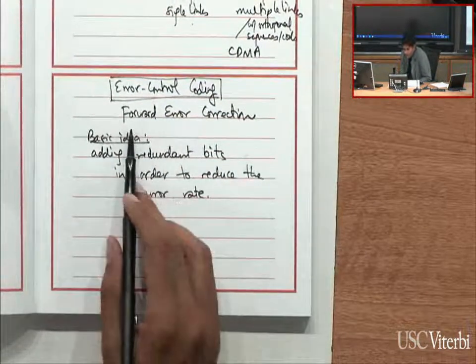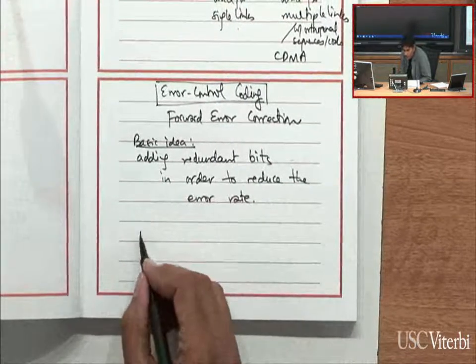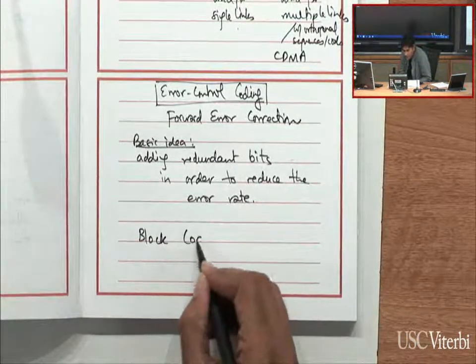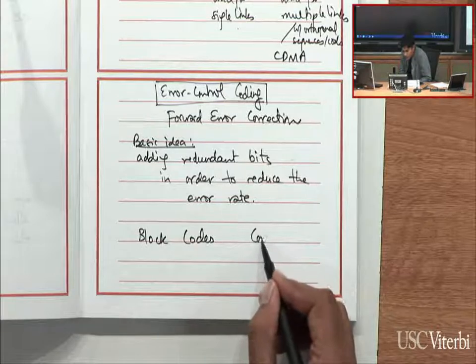Broadly, forward error correction schemes fall into two categories: block codes and convolutional codes.